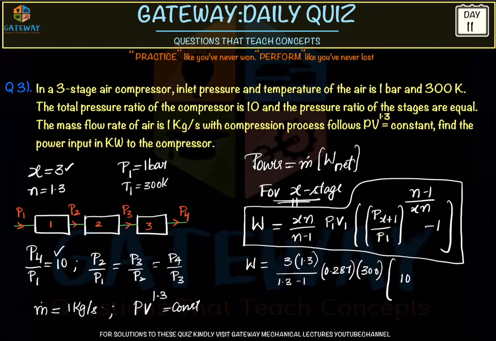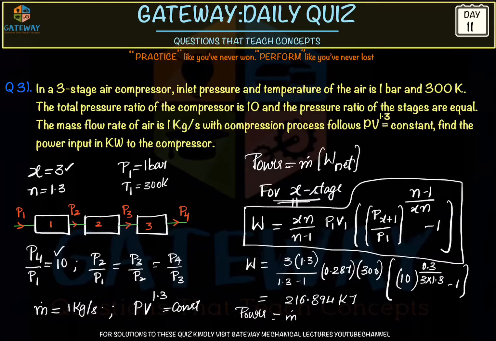P4 upon P1 was given in the question as 10. So it is 10 power (n minus 1), 1.3 minus 1 is 0.3, upon x into n, nothing but 3 into 1.3, minus 1. And we calculate the work done, it comes out to be 216.894 kilojoules.